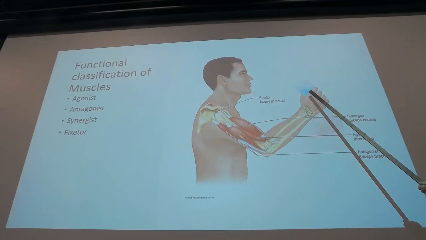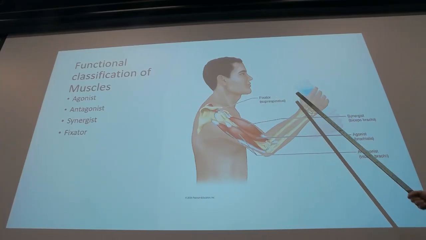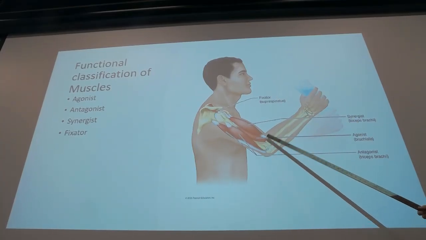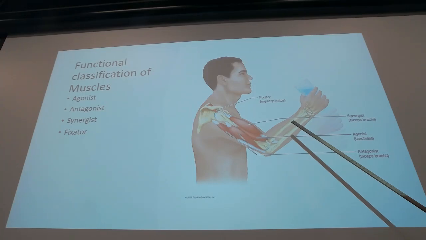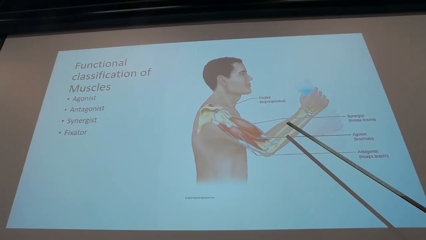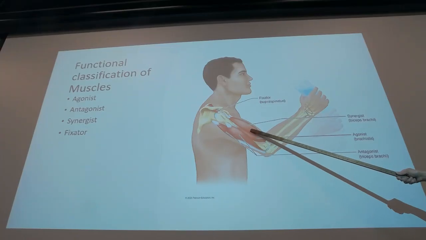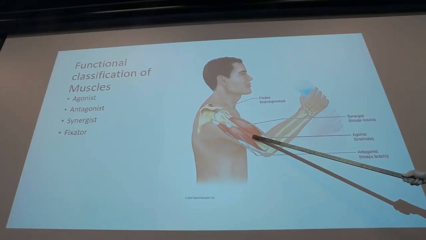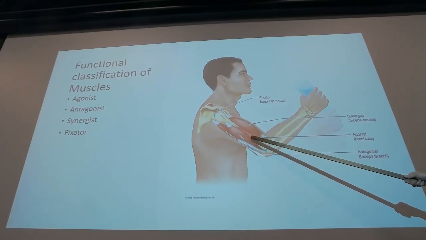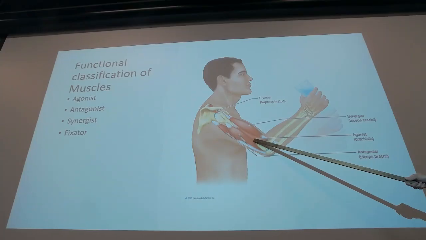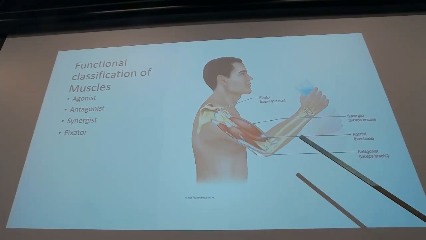This person wants to have a sip of the drink, so he has to flex the elbow. In this case, that's the primary movement. So then you have to use your agonist, which is the biceps brachii, and the brachialis, which will be a synergist.